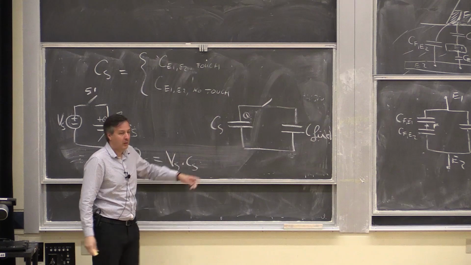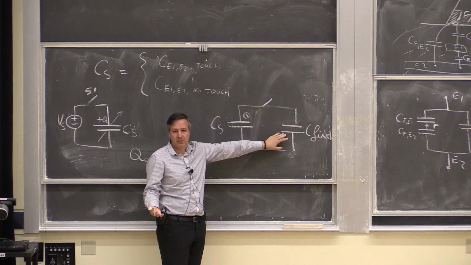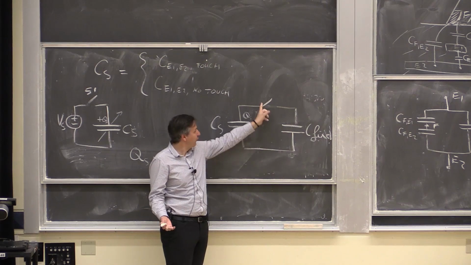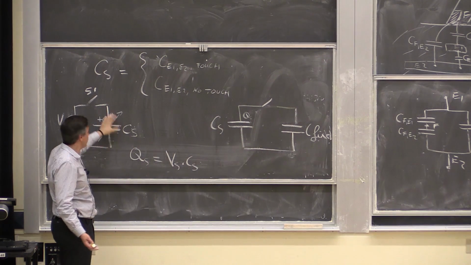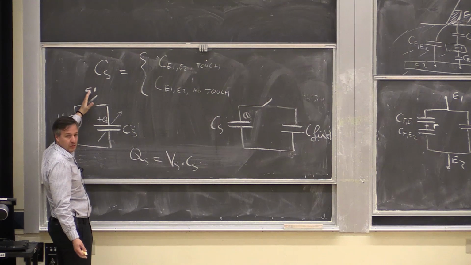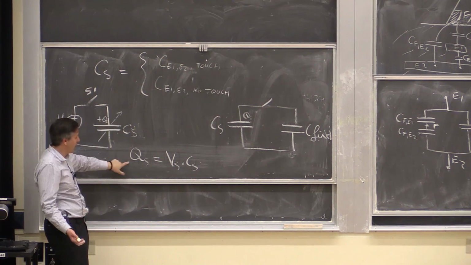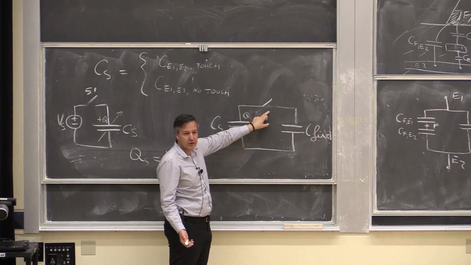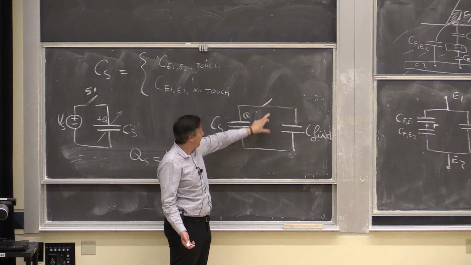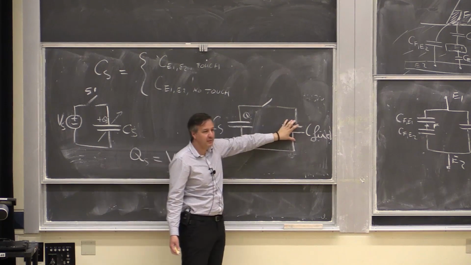Imagine that C fixed was empty before I turn on this switch. So CS got fully charged, I turn off this switch, and now CS is a bucket of charge that holds amount Qs. Then I turn on this switch, and now there's a full bucket of charge here and an empty bucket of charge here.